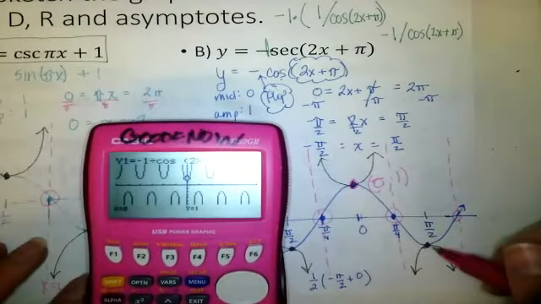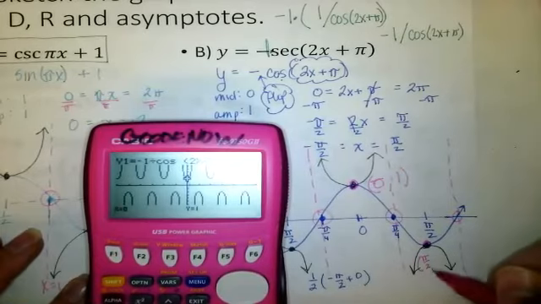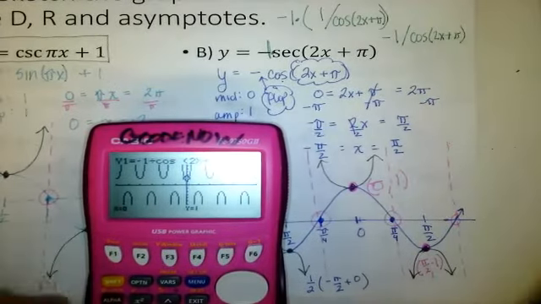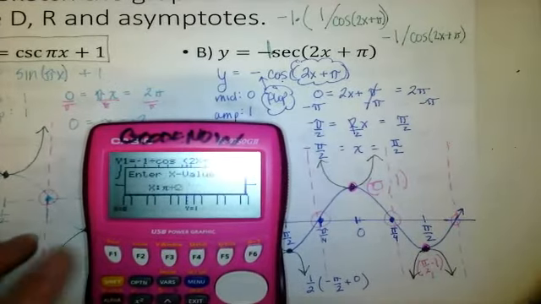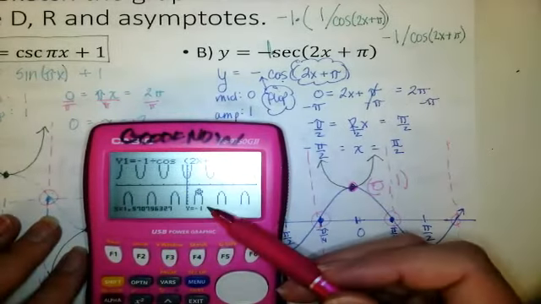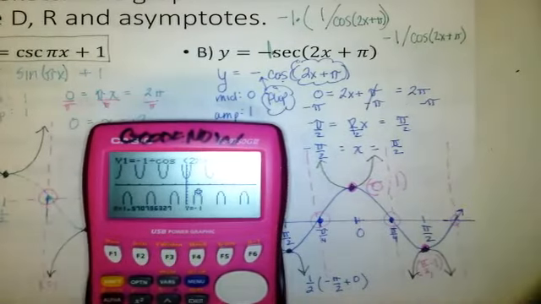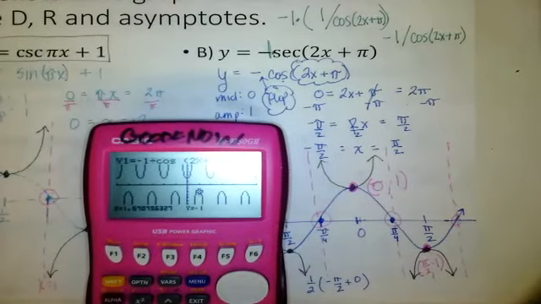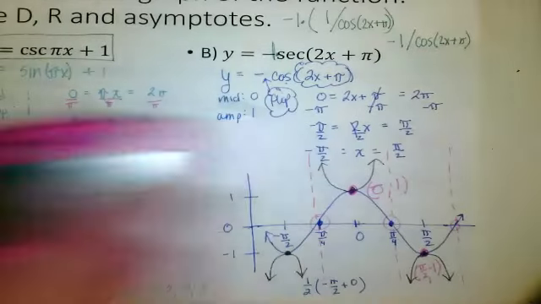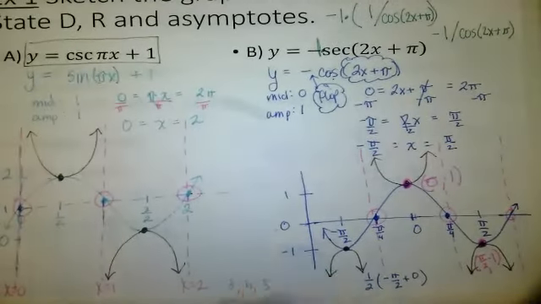I could also check this point, which is pi over 2 and -1. I type in pi divided by 2 and hit enter, and I do get -1, right on that downward facing U. So graphing on the calculator and using trace to check your ordered pairs is a great strategy to make sure you did it correctly. Do you guys have questions for me?